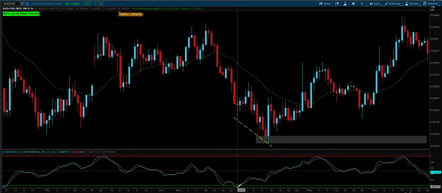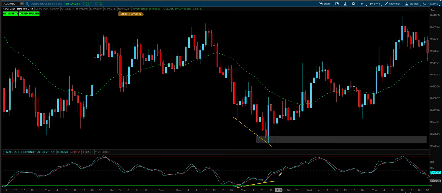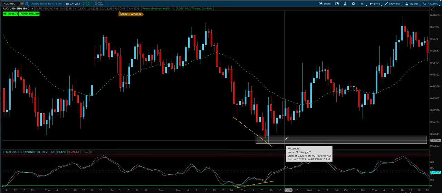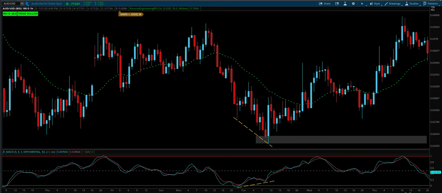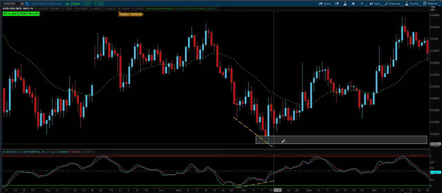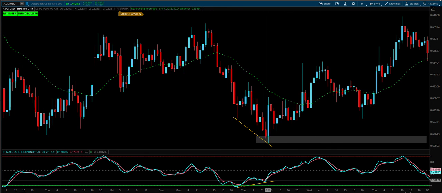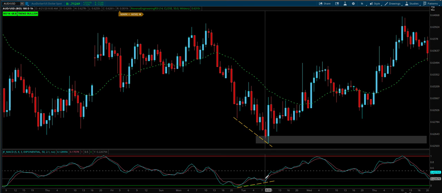So if you have a divergence and you're coming into a demand or support, it's always a high probability trade. Always. You got two technical pieces of evidence suggesting that you're going to see some type of reaction. So you have price, support, resistance, and you have a divergence, positive divergence.